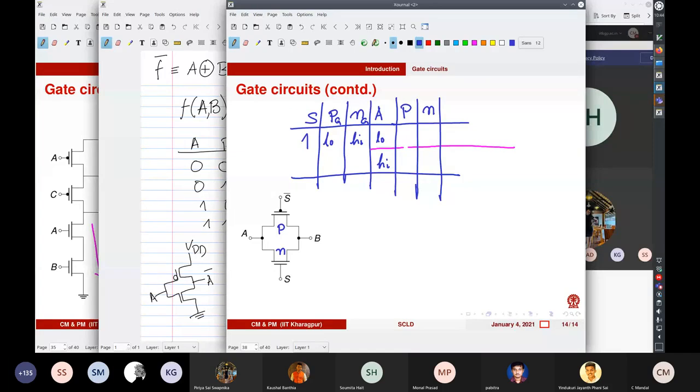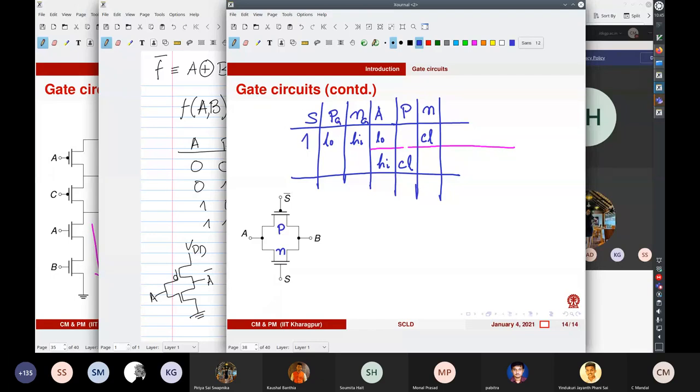That is when the N-type transistor will be closed, right? When this is high and this is low, for this combination the N-type is closed. On the other hand, if A is high, then you have PG low, and in that case this is closed.